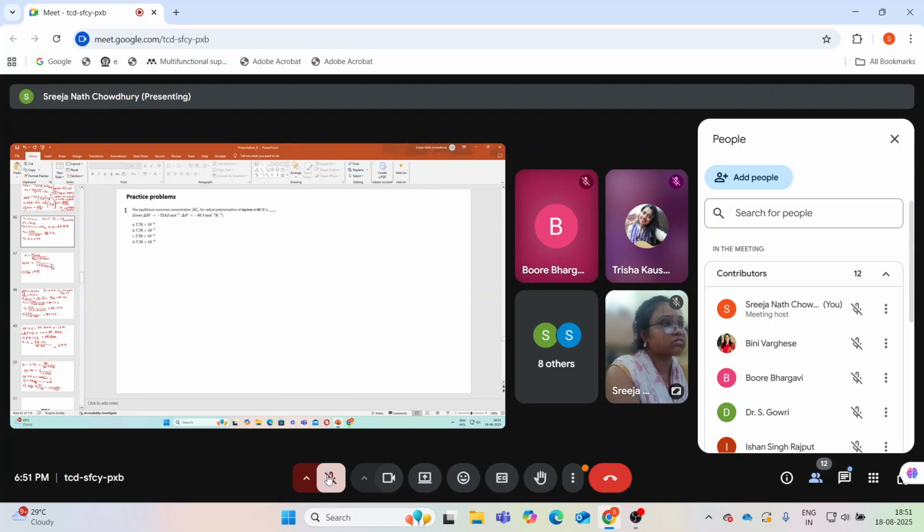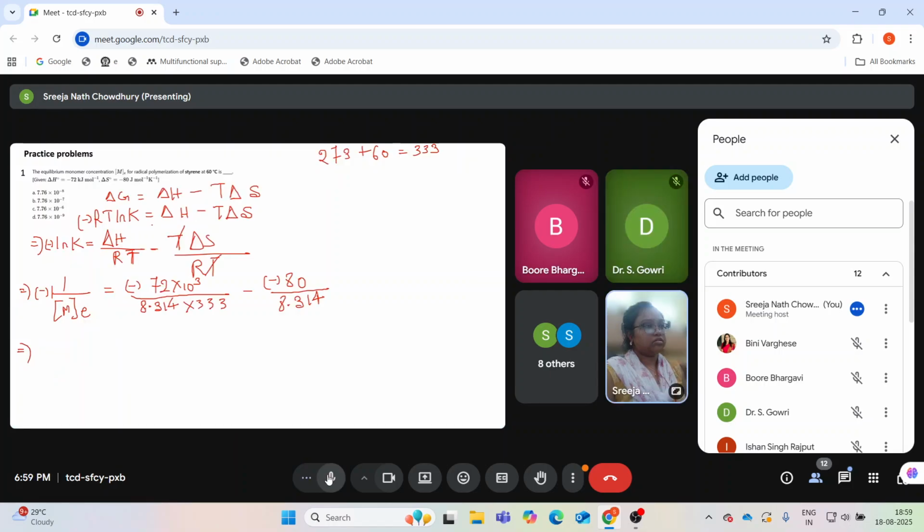So here is ln K. It becomes ln K is equals to minus 26.23 minus minus of 10.82. Minus this will be 15.